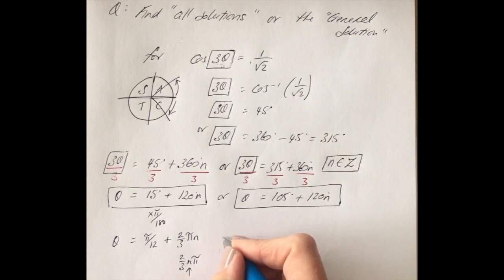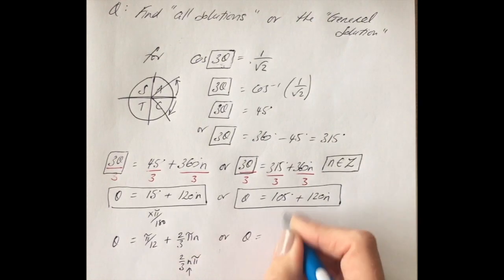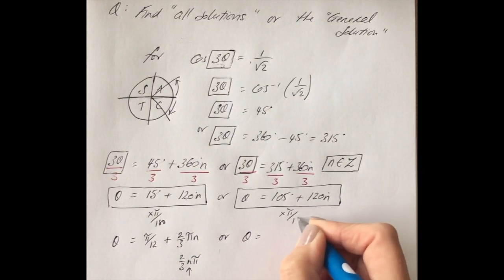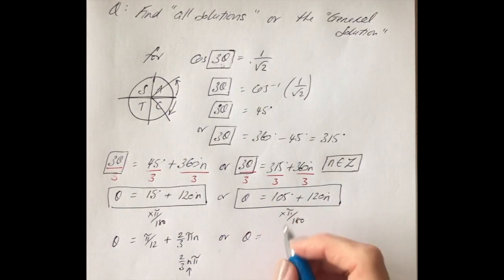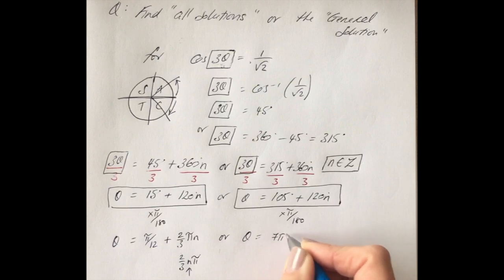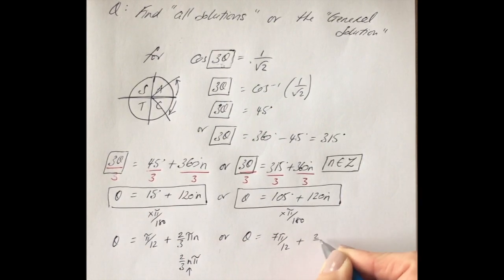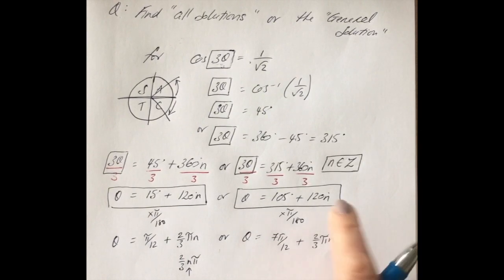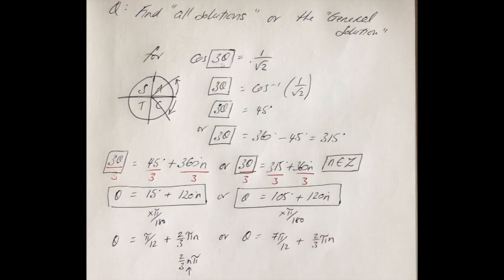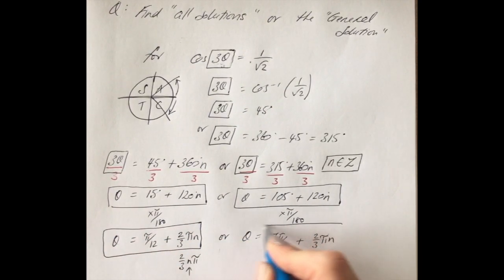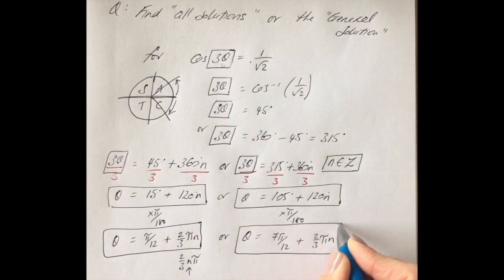They're both correct. Converting the other solution, again we multiply all the angles by pi over 180, and 105 works out to be 7 pi over 12 plus 2/3 pi n, which is 120n converted into radians, or 2/3 n pi. So there are your answers in degrees or in radians.